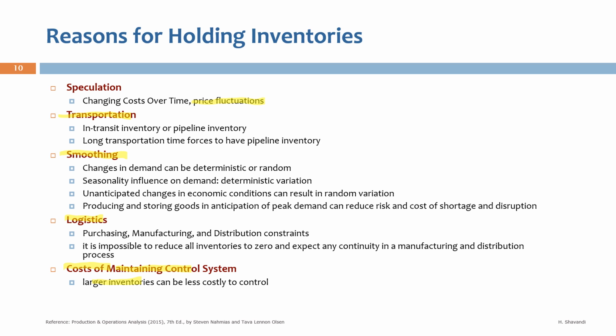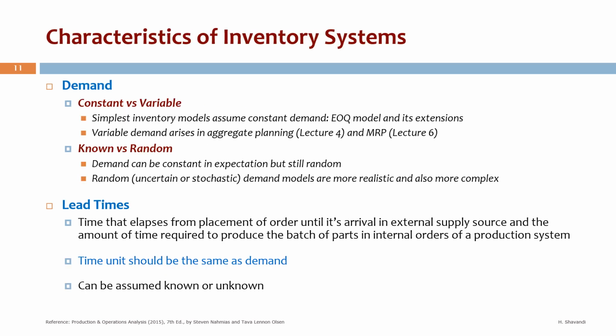Okay. The characteristics of inventory systems: for demand, it could be constant or variable. So the simplest model that we do have here is the EOQ model, and in this model we assume that demand is constant. But for the variable demands, we will consider it in aggregate planning and MRP later in our course. Demand could also be considered as known or random.